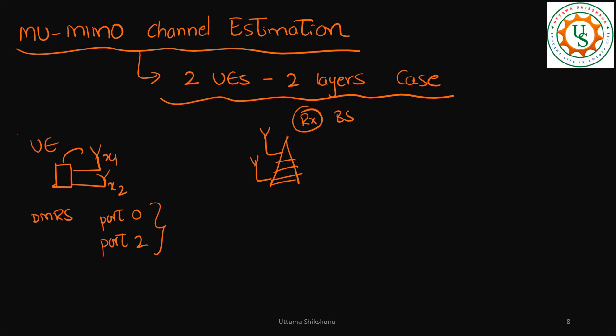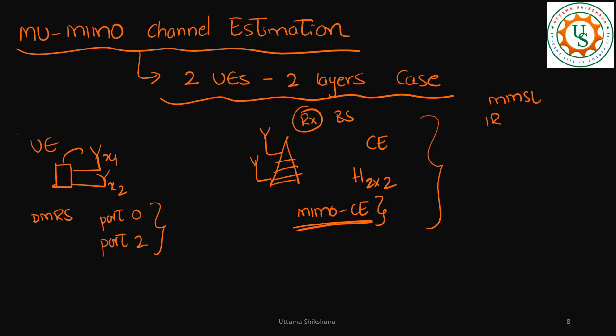Now in this case, how to perform channel estimation? So our channel will be H 2 cross 2, right? And this would be equivalent to MIMO channel estimation. We had seen how to perform the channel estimation for a MIMO scenario 2 cross 2. Okay, then once we estimate the channel, we would be doing MMSE IRC equalization.